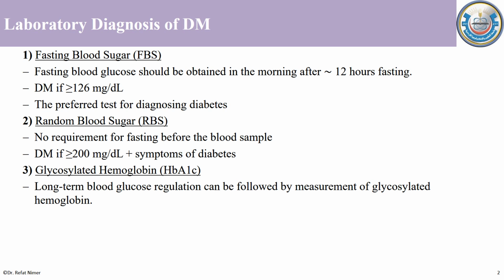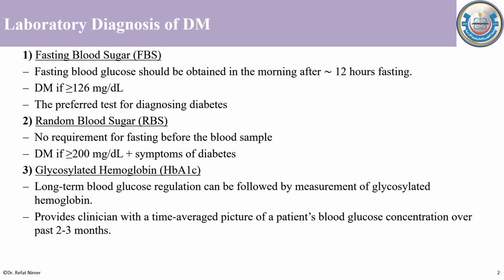In this case, we are talking about glucose attached to the hemoglobin A1C fraction to become glycosylated. So glycosylated means adding glucose to a molecule, and in this case the molecule became glycosylated.